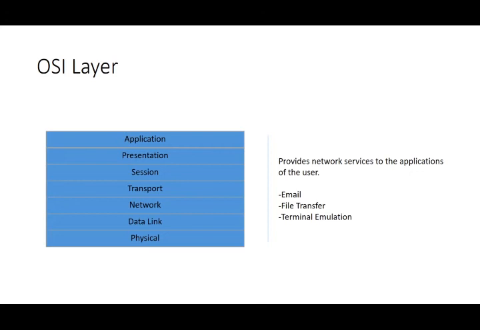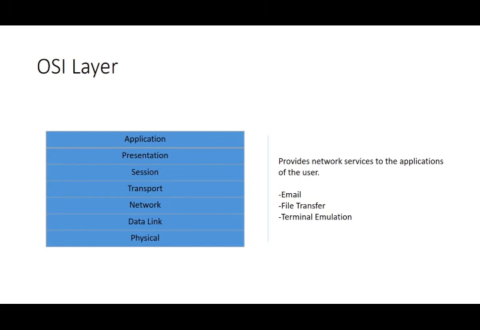But if an application is going to communicate on the network, it is going to have to use the application layer to start to pass its traffic through this 7 layer model, and then down to the wire for data transfer. So in reality, the application layer is not providing service to another OSI layer, but rather it is providing services to an application that sits outside this OSI model.